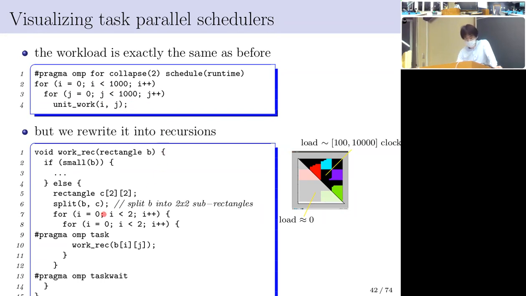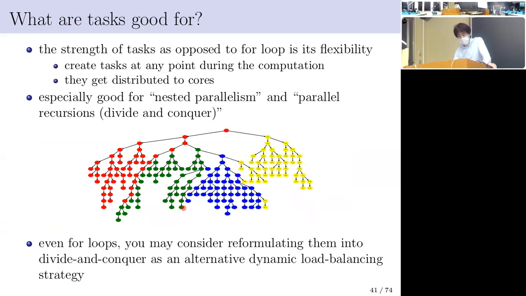In the picture, you have a two-dimensional iteration space, and you divide the entire iteration space into 4 subspaces by dividing both rows and columns. In this way you end up creating 4 child tasks, and each of these 4 child tasks will create another 4 child tasks recursively.